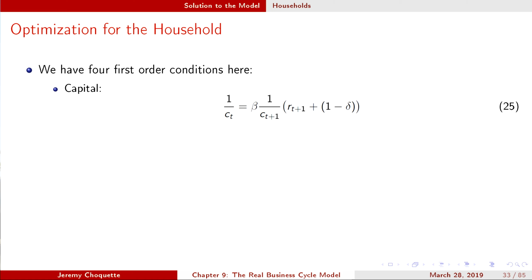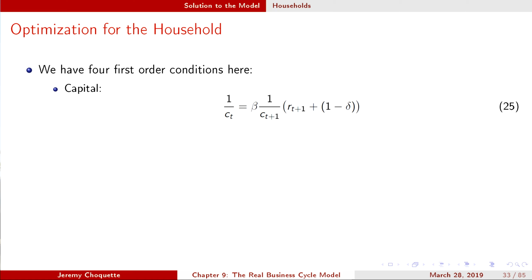So future consumption relative to current consumption is weighted by that beta term, which is 1 over 1 plus rho, our time preferences. And then it's also weighted by 1 plus the real interest rate minus depreciation.